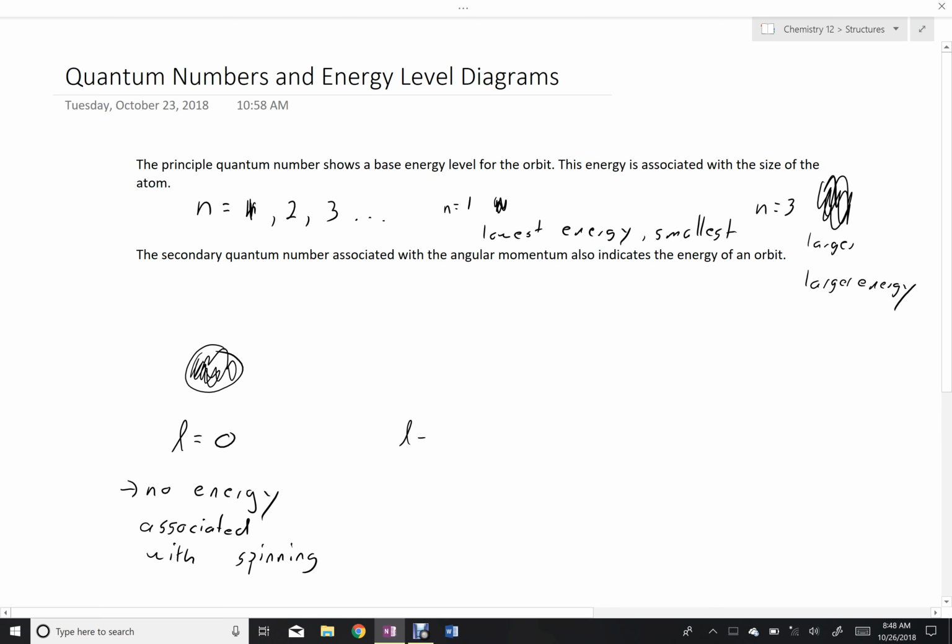However, the L equals 1, the pi-shaped orbital, or the dumbbell orbital if you want, if that spins, we're going to notice. And so there is energy associated with the spinning of this orbital.